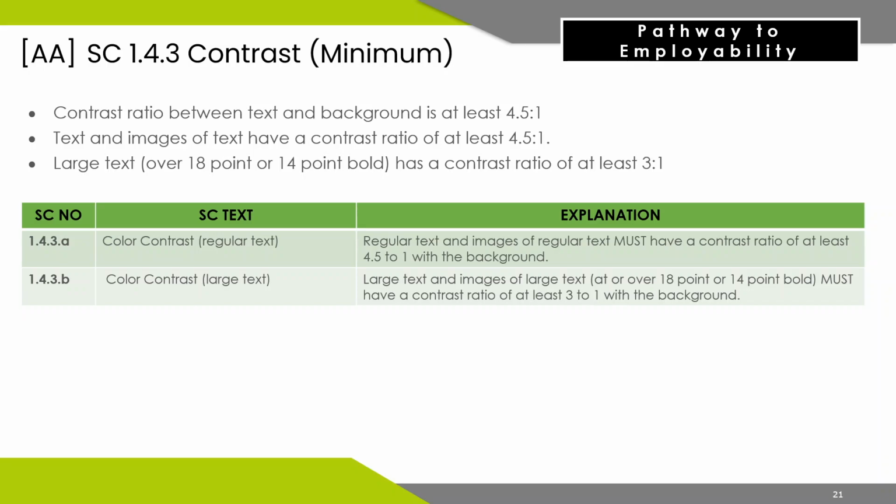Regular text and images of regular text must have a contrast ratio of at least 4.5:1 with the background. 1.4.3.b Color contrast, large text. Large text and images of large text, at or over 18-point or 14-point bold, must have a contrast ratio of at least 3:1 with the background.